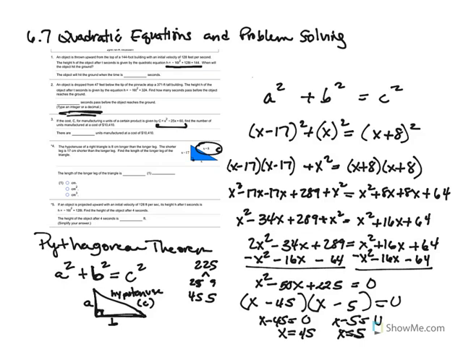So 5 can't be the option. So 45 must be the option. And so you would substitute in your values. And so x is 45.